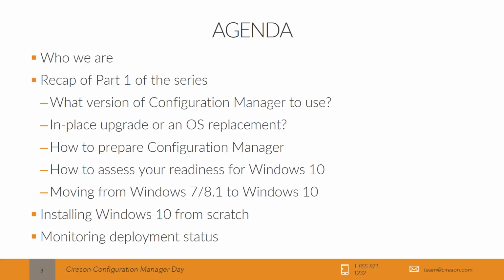But I want to do a recap because a lot of the stuff we talked about last week will be applicable to today's presentation. So I'll just talk real quickly about what version of Config Manager should you use. Do you want to do an in-place upgrade or an OS replacement? How do you prepare Config Manager? How do you assess your readiness to go to Windows 10? And then the process we did last week, which was an in-place upgrade from Windows 7 and Windows 8.1 to Windows 10.